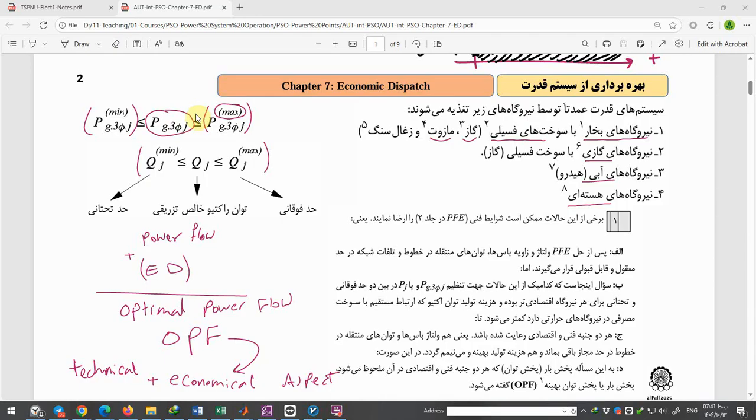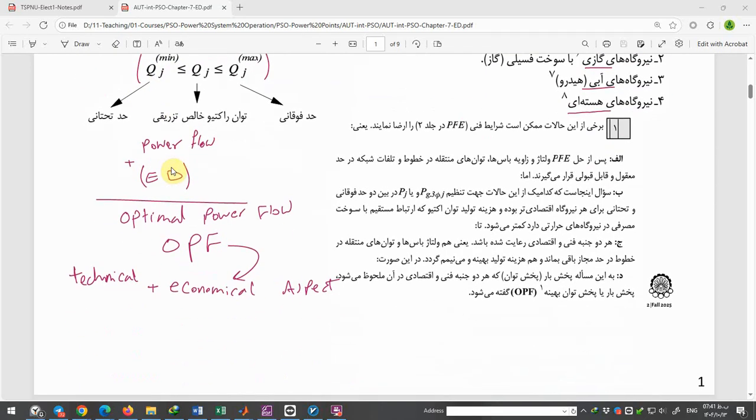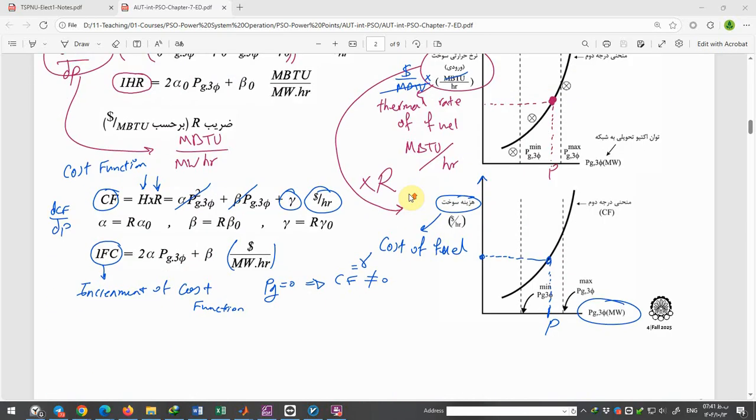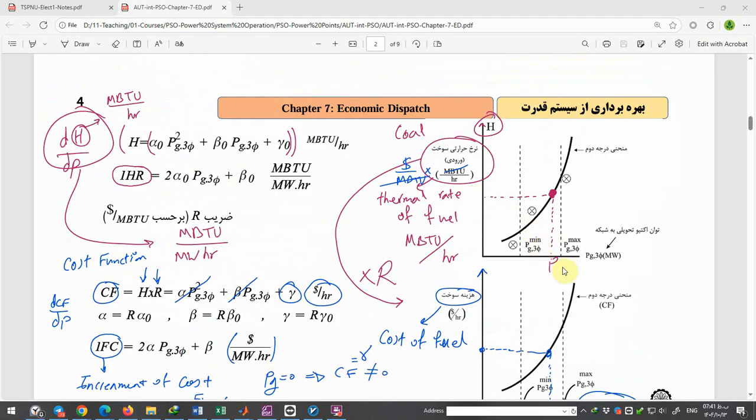It is not possible, but the generator has a minimum production, P minimum or Q minimum. And after that, we discussed about the steam power plant and gas power plant diagram of generation.